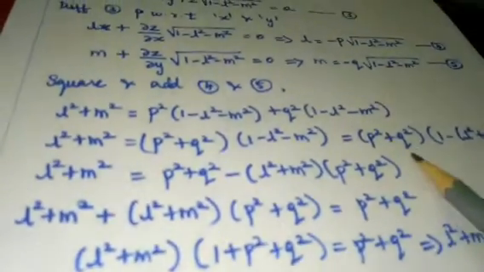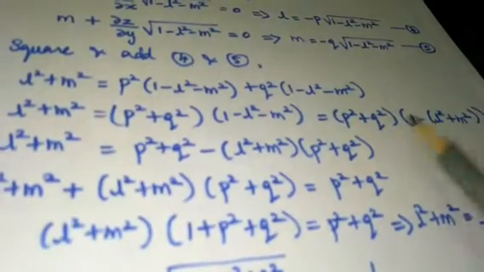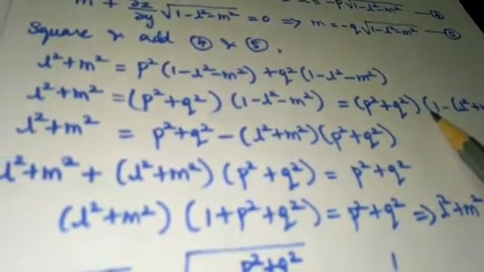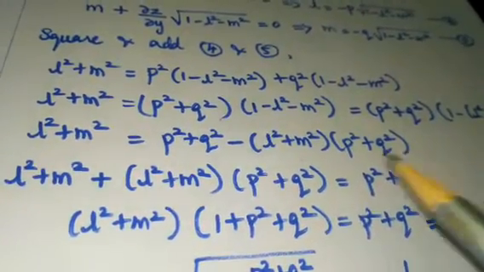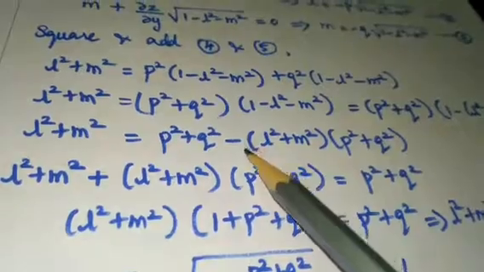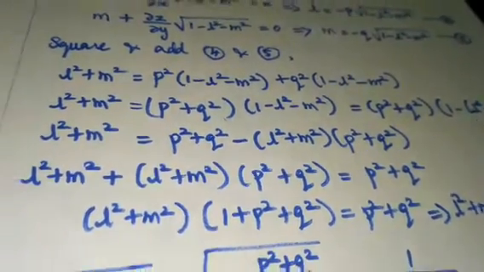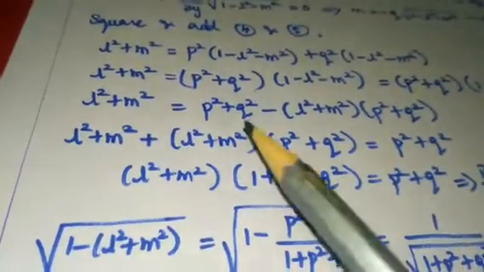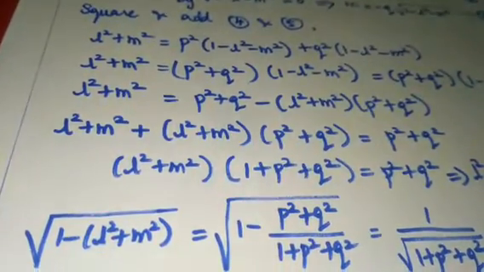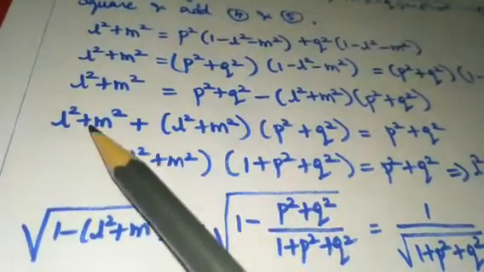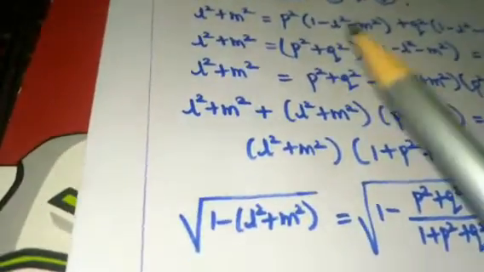So we have to multiply this term with this. So (p² + q²) into 1 is equal to p² + q² minus (p² + q²) into (l² + m²). And from this, take l² + m² to the left hand side.